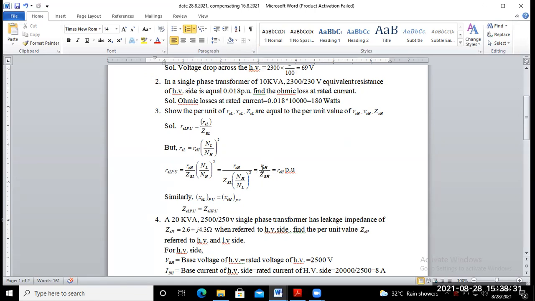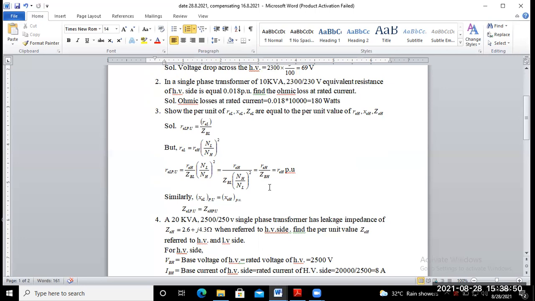So REH by ZBH is nothing but REH in per unit. Similarly, R represents here the resistance.